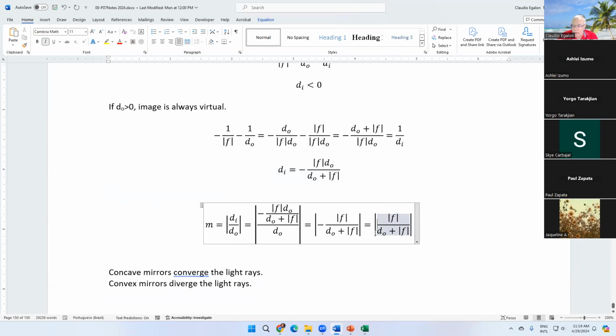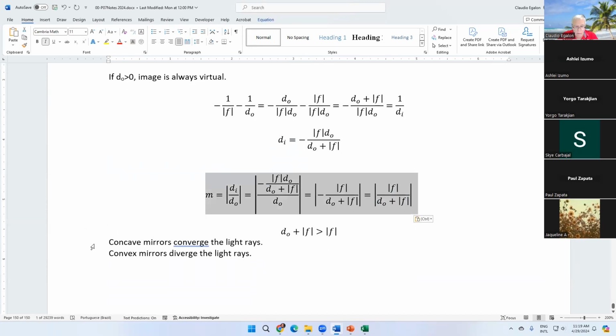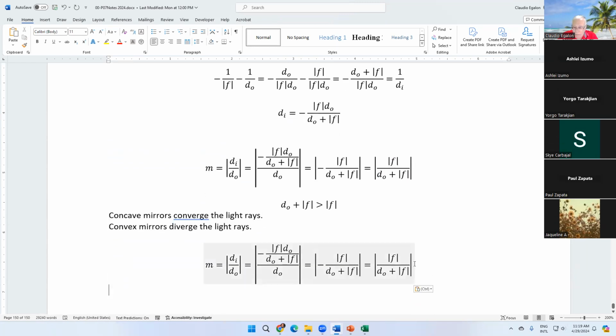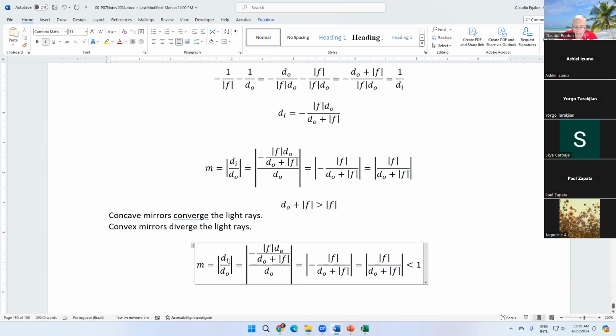Note that whatever is downstairs is greater than whatever is upstairs. So what does it mean? It means that this thing here must always be less than 1.